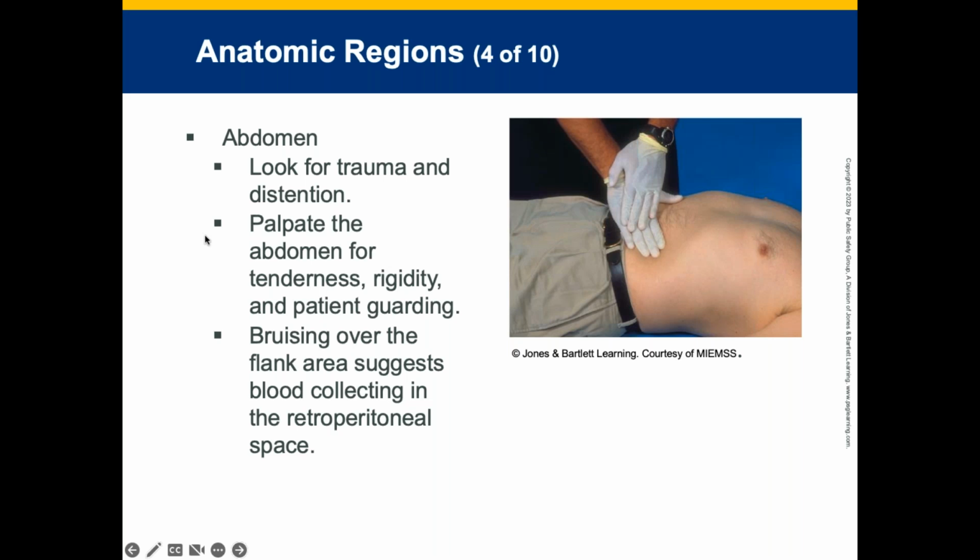Bruising over the flank area suggests blood collecting in the retroperitoneal space, okay? What organs are located retroperitoneal? Kidneys, pancreas, right? The kidneys are definitely more retroperitoneal though, okay? We got to watch for those.